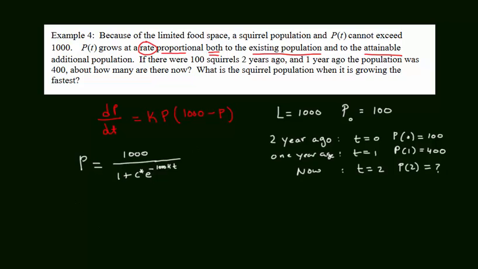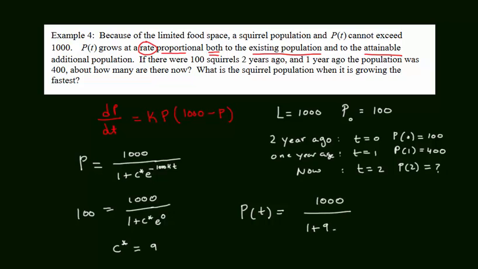We'll use the condition to solve for C star. So 100 equals 1,000 over 1 plus C star e to the 0. That's going to give us C star equals 9. I'll update our equation. P of t equals 1,000 over 1 plus 9 e to the negative 1,000 K t.